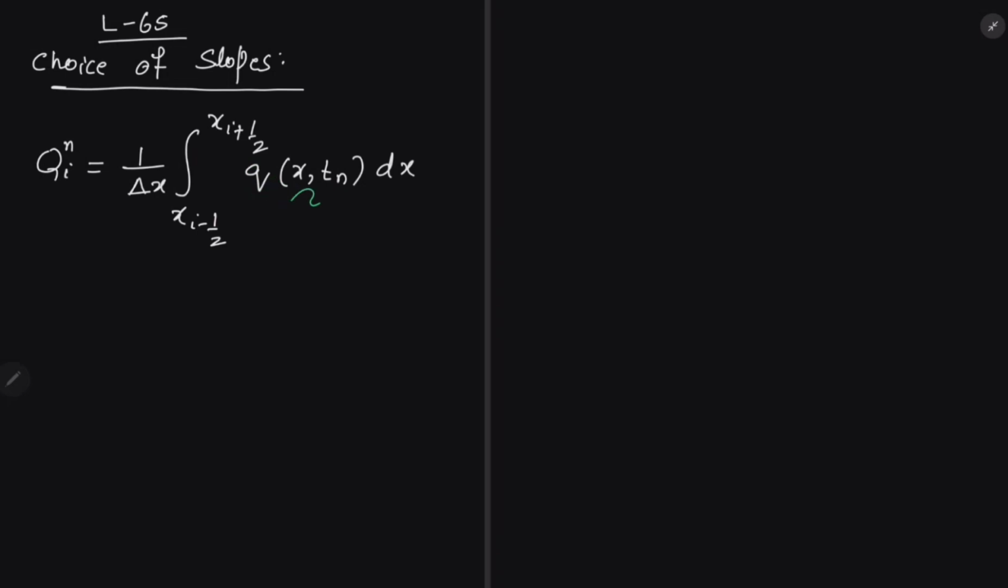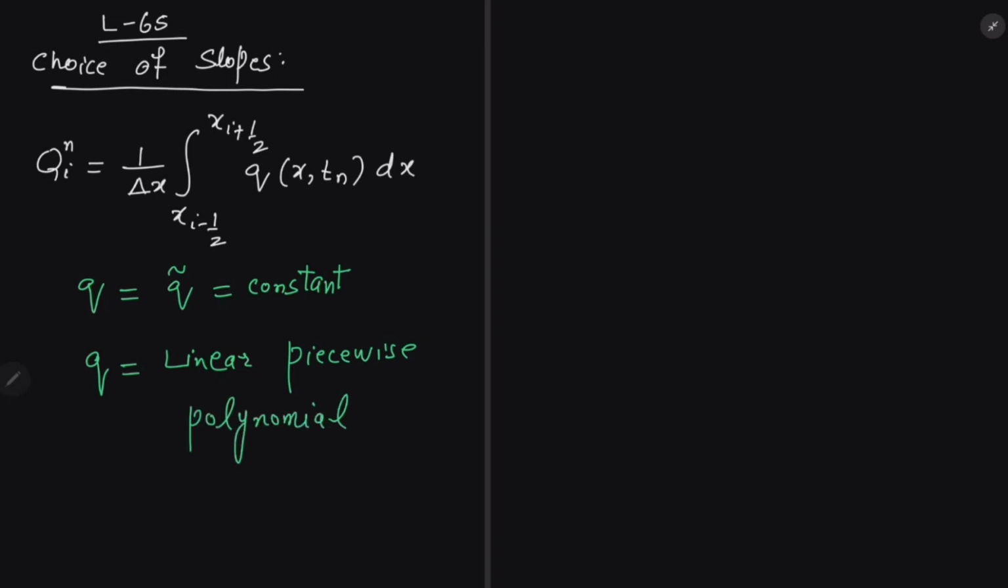And this q, if it is replaced with some q tilde, which Godunov proposed, then we have a first order upwind method. Instead of just replacing with q tilde, which has a constant value, Godunov proposed: why not add a linear piecewise polynomial.